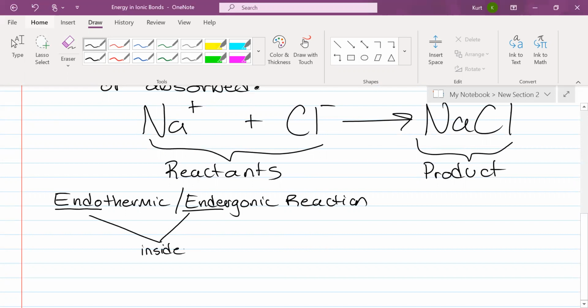For instance, mammals have an endoskeleton. Birds have an endoskeleton. This means that energy is absorbed. When something is absorbed, is it going in or is it going out? It's going in.